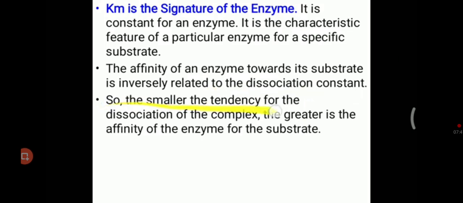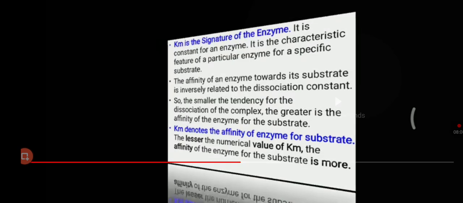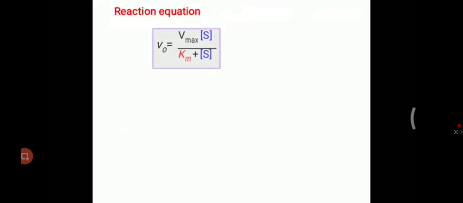The tendency of attachment of the enzyme to the substrate depends on the Km value. An enzyme with a low Km value has a high affinity for the substrate, so it attaches to the substrate, but an enzyme with a high Km value will not attach to the substrate. That is also an important thing about the Km value.